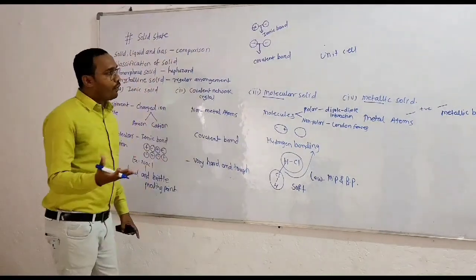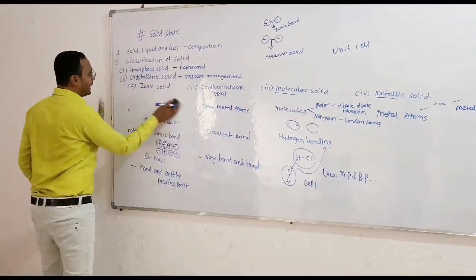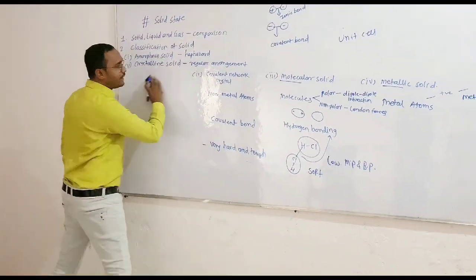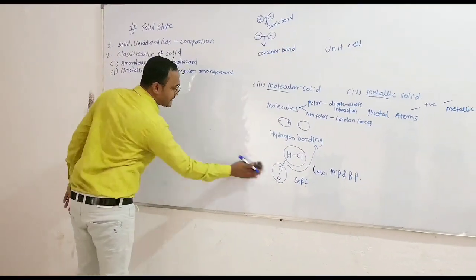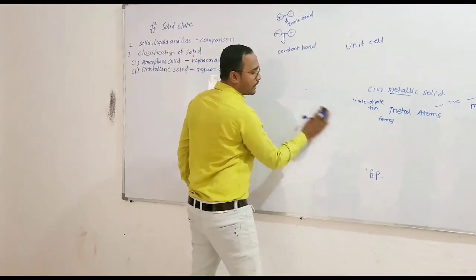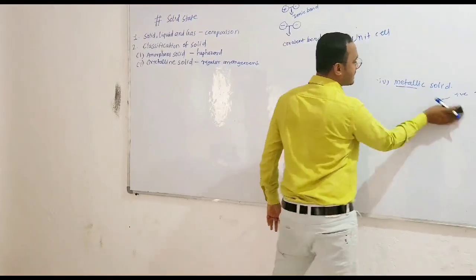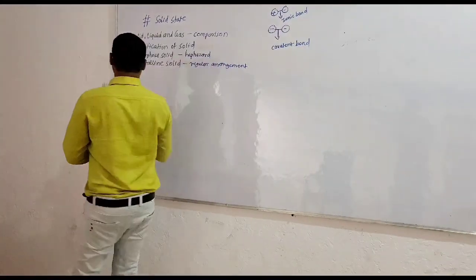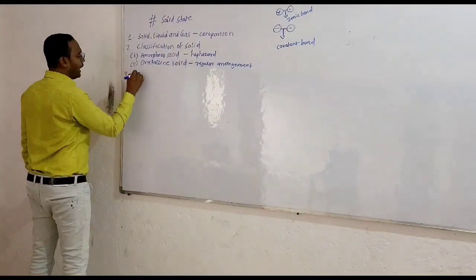So there are 4 types of unit cell. Basically, first one is simple cubic or primitive. Second one is body centered. Third one is face centered, and fourth one is end centered.